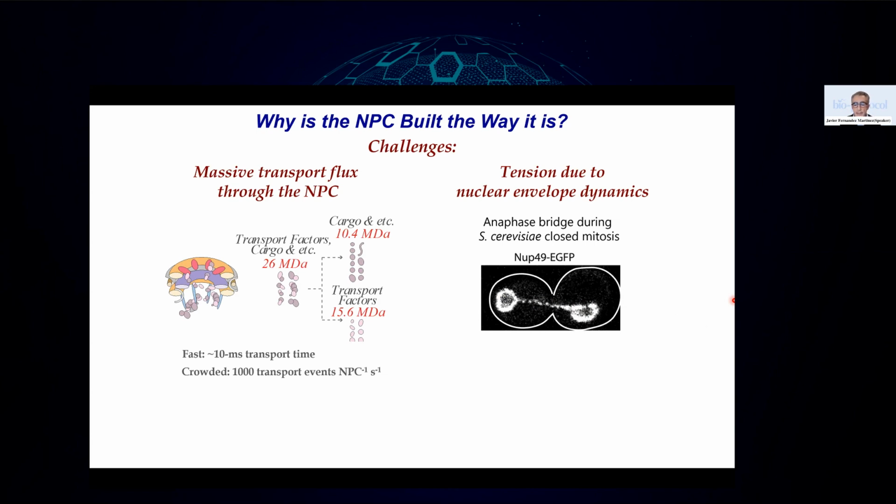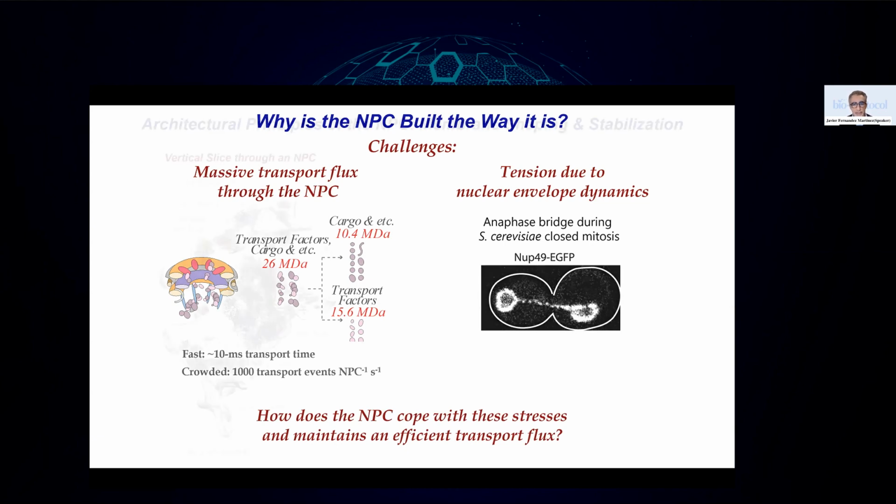So the insights that we got as to how the NPC can face these challenges are several, and the first one of them is when we look at just how the NPC interacts with the nuclear envelope membrane.